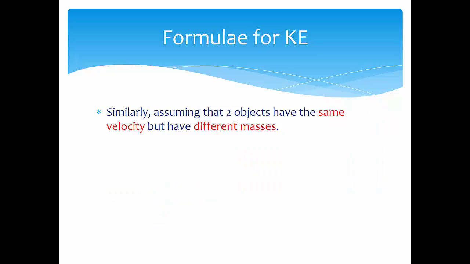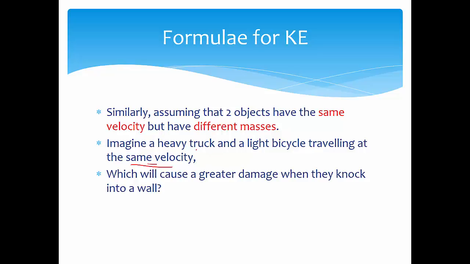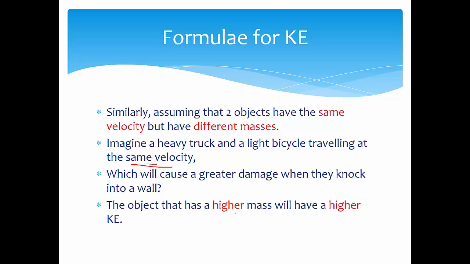Similarly, if you have two objects that have the same velocity but different mass, imagine a heavy truck and a light bicycle traveling at the same velocity. Obviously you will try to avoid the heavy truck rather than the light bicycle, because the heavy truck will do greater damage when it knocks into a wall. That illustrates that an object with a higher mass has a higher kinetic energy.